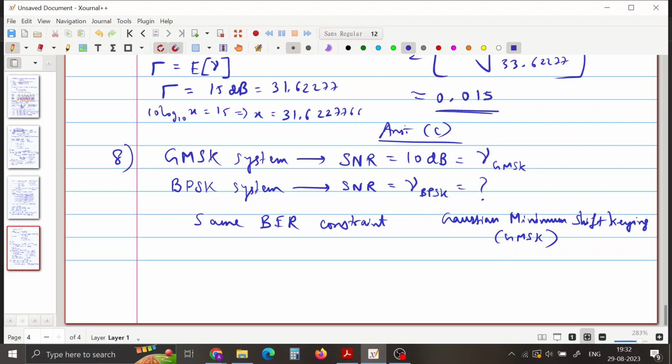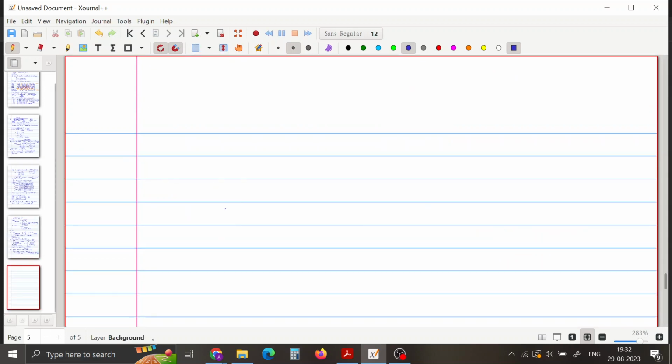So you remember the probability of error for your GMSK. Professor David mentioned that parameter, the bandwidth and time product BT for GMSK, if that's 0.3 or something like that, you get this probability of error for GMSK to be approximately Q function of square root of 1.4 times gamma.